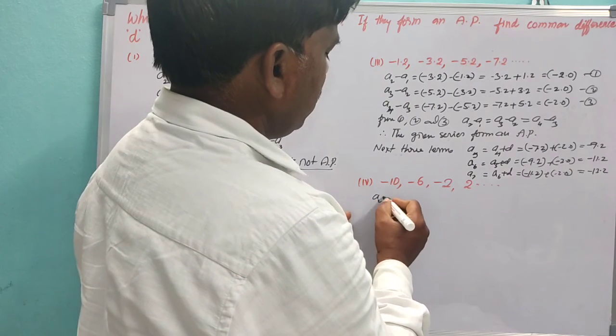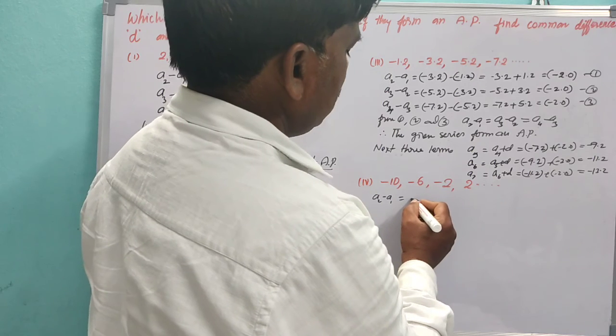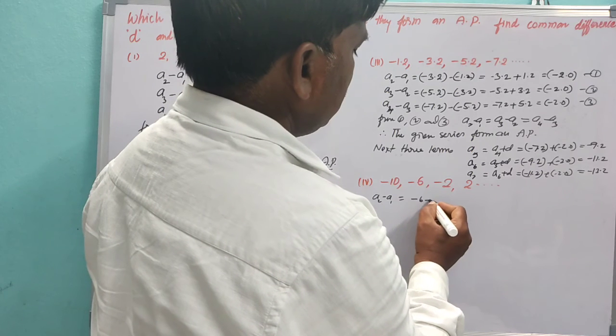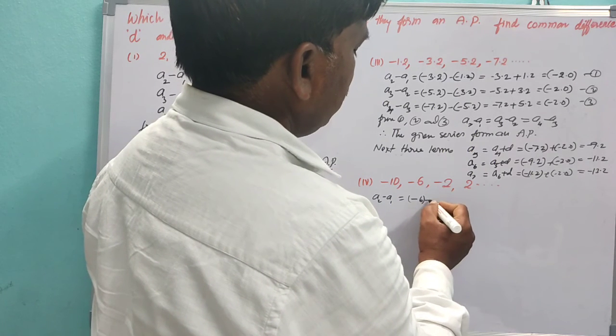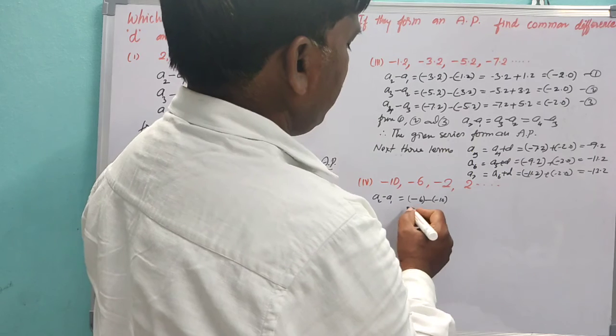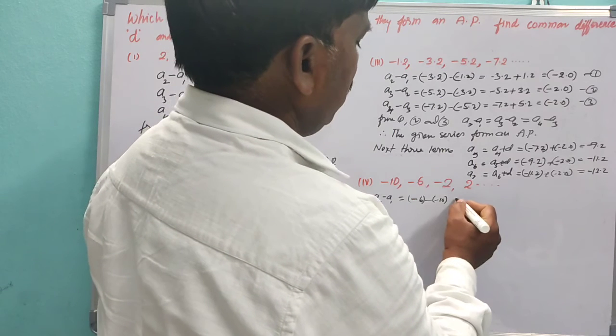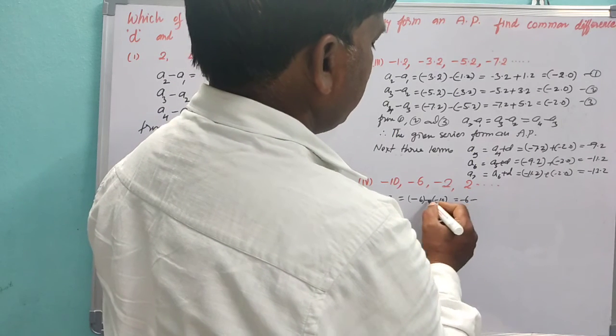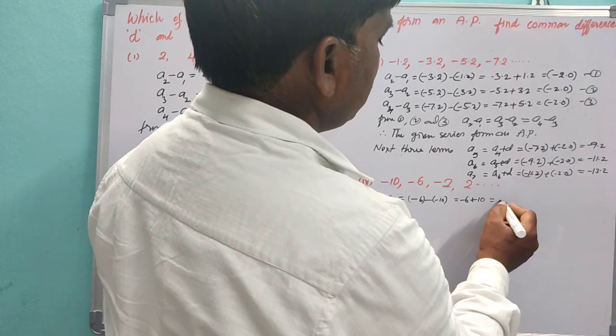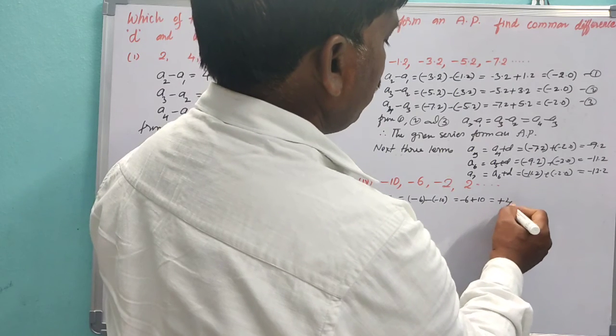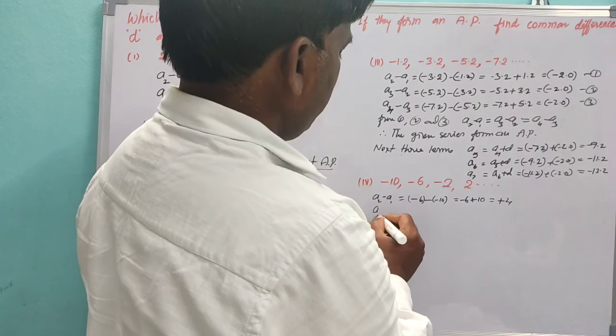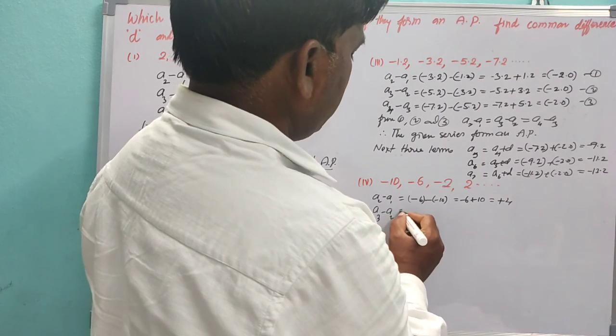So first a2 minus a1, that is minus 6 minus of minus 10. So this one minus this one, which is equal to minus 6 plus 10, which is equal to plus 4. And again a3 minus a2.